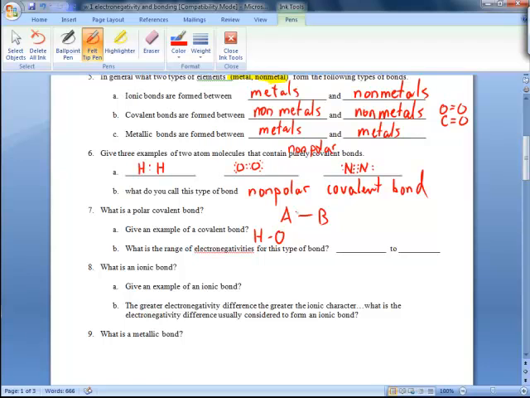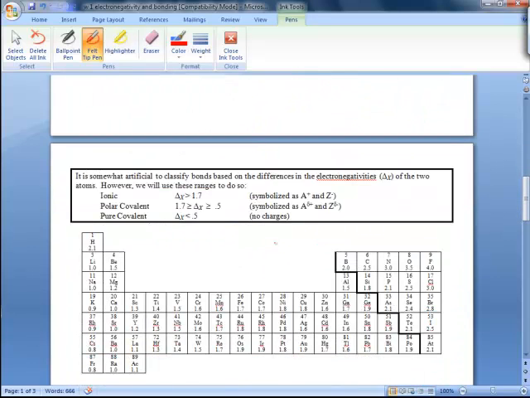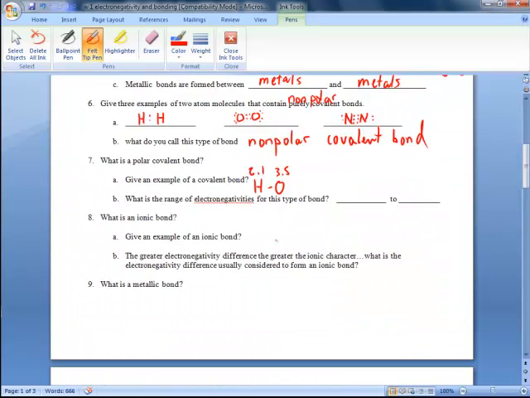Because if you looked at that bond between hydrogen and oxygen in water, you would find hydrogen has an electronegativity of 2.1. Oxygen, I think, is 3.5. Look that up and check. I hope I'm right. Okay, oxygen is 3.5.